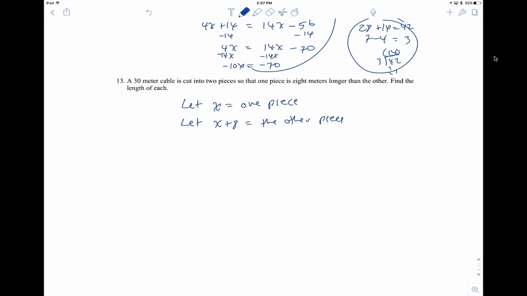The two of them together equal 30. x plus x plus 8 equals 30, so 2x plus 8 equals 30. 2x equals 22, x equals 11, meaning that one piece is 11, the other piece is 19, 8 more than that. We add them together, and we get 30. Okay, that's it.